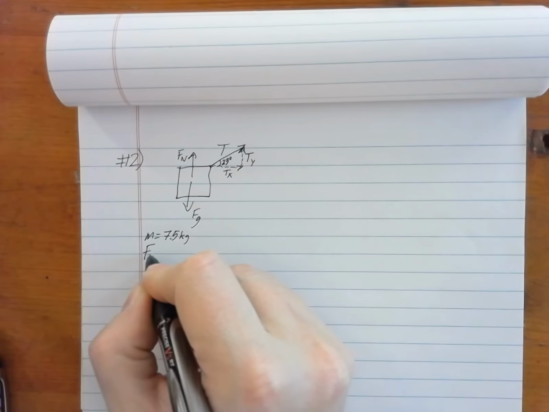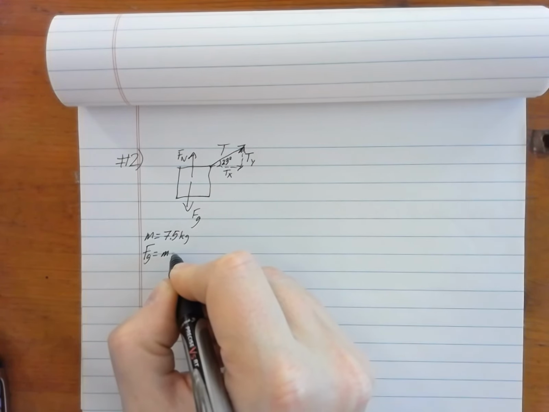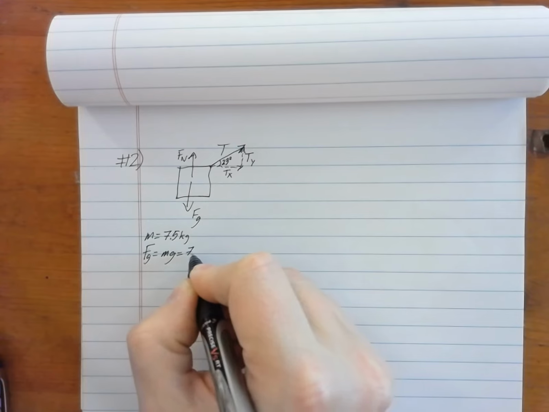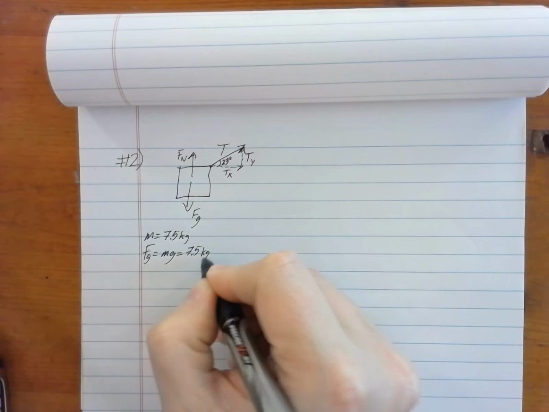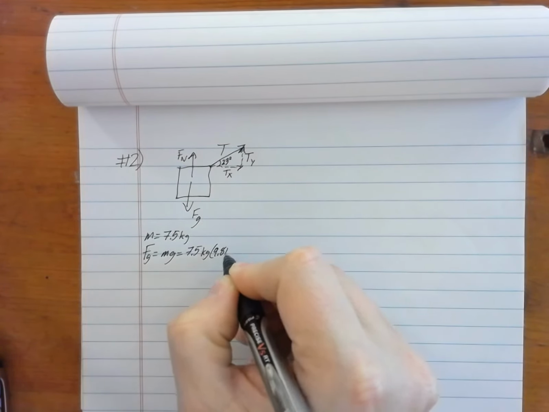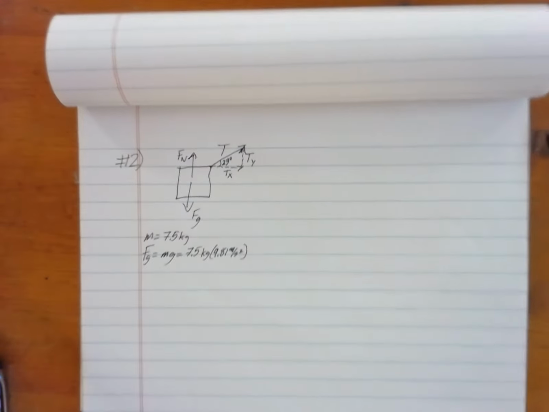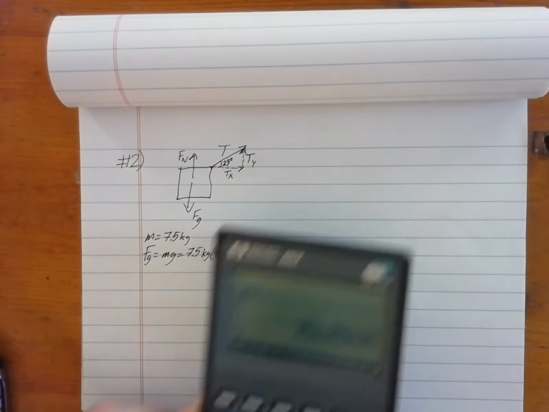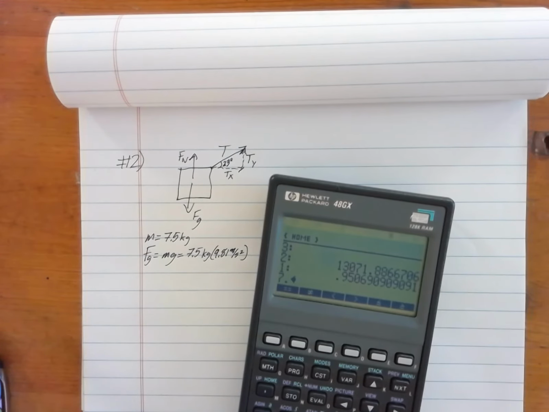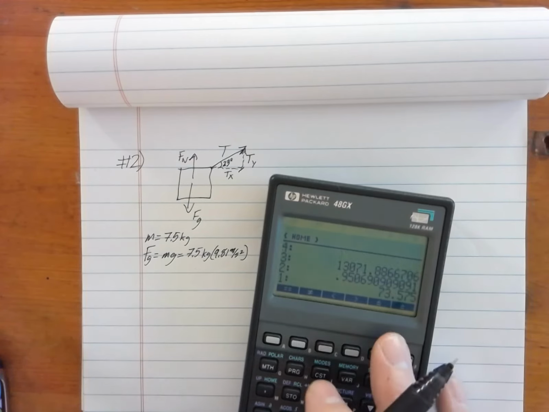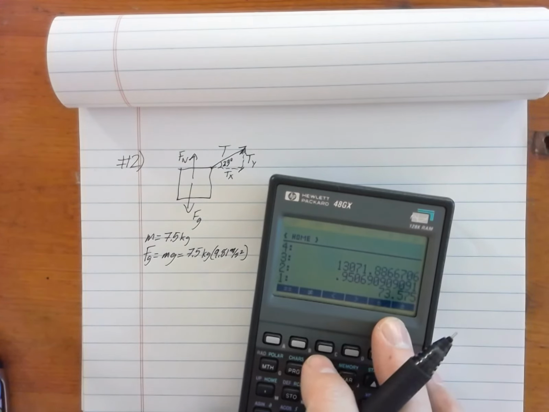That gives us an Fg, which is just mass times little g, 7.5 kilograms times 9.81 meters per second squared. Gives us 73.6, let's say.